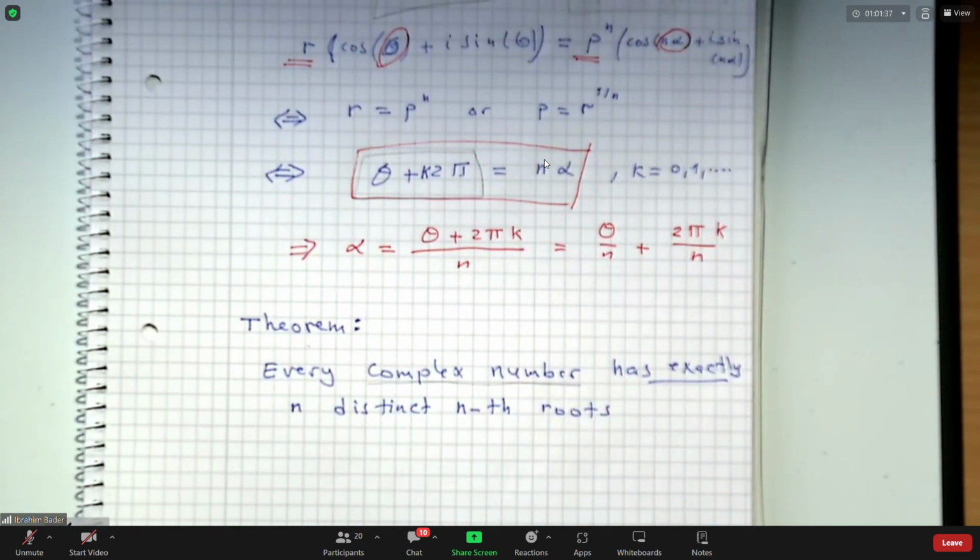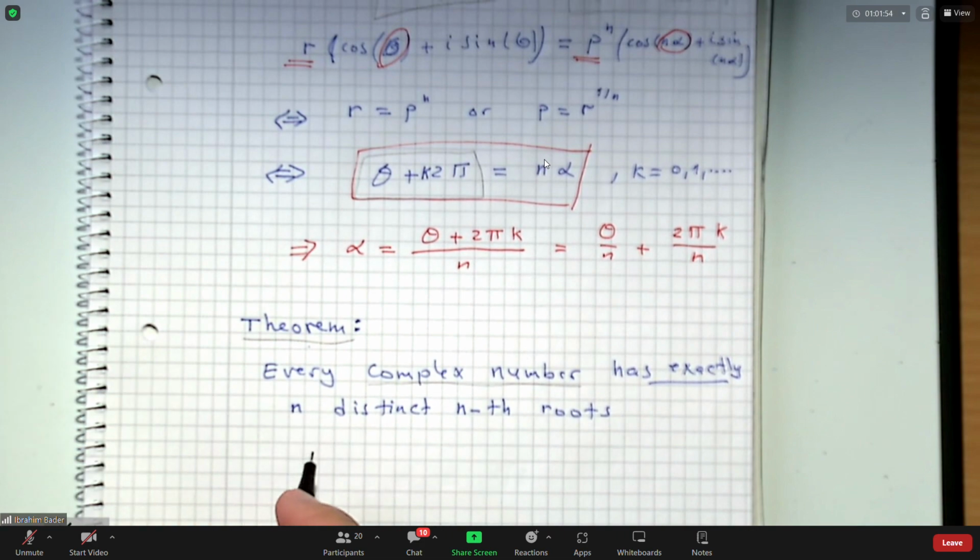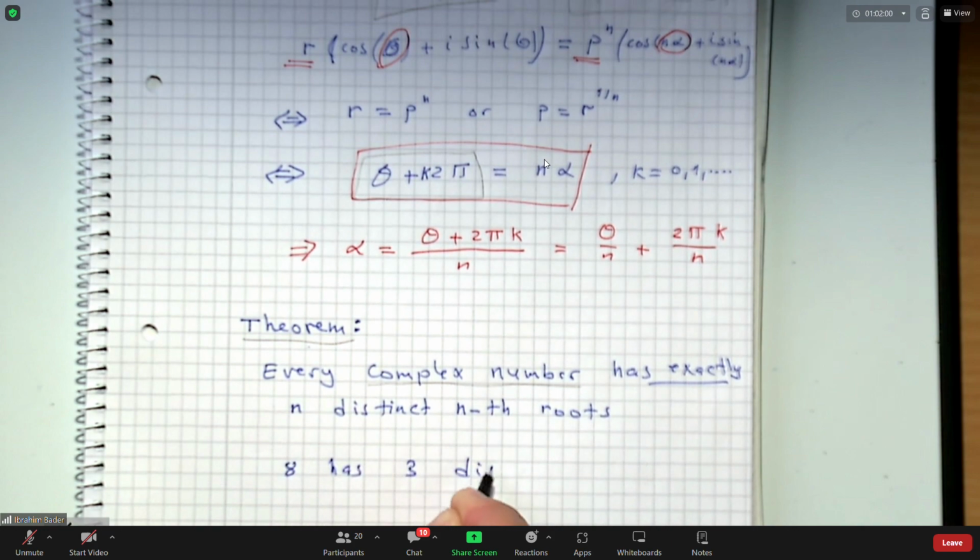Now from the first look, this might be a little bit confusing, because what does this say? Let's go back to the previous example. We said that, according to this, 8 has 3 distinct third roots.